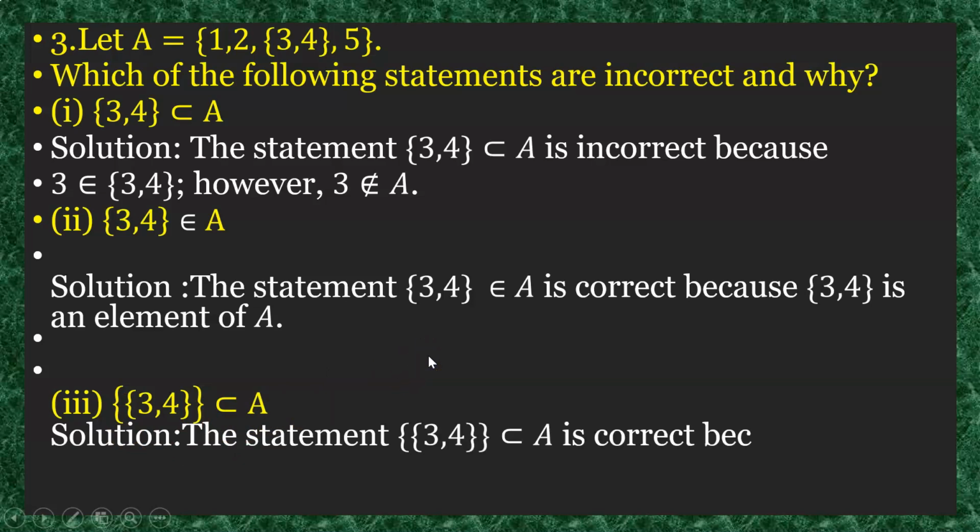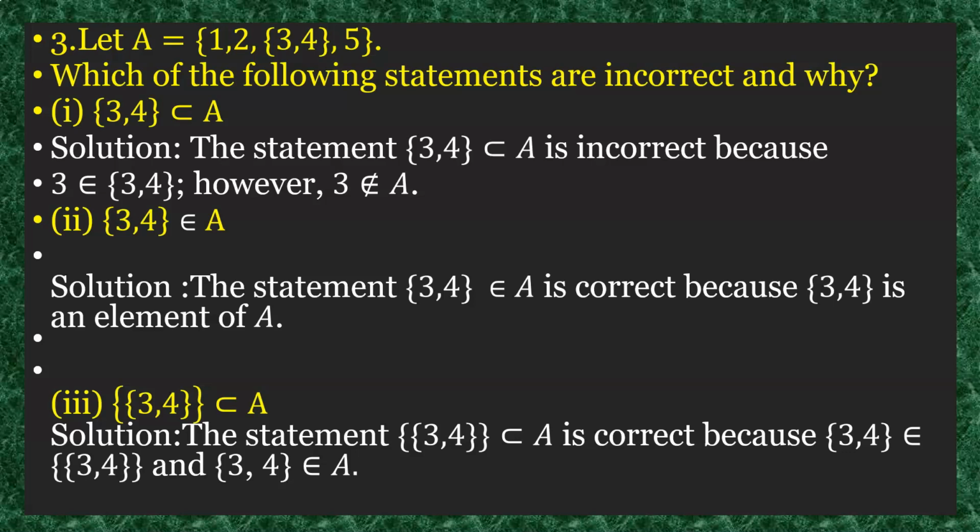The statement that the set {{3, 4}} is a subset of A is correct because {3, 4} is an element of that set and {3, 4} belongs to that set A. That element belongs to that set A.